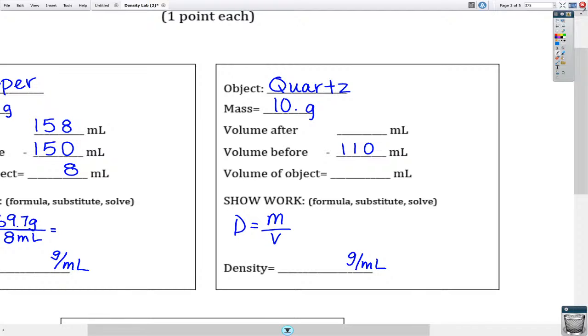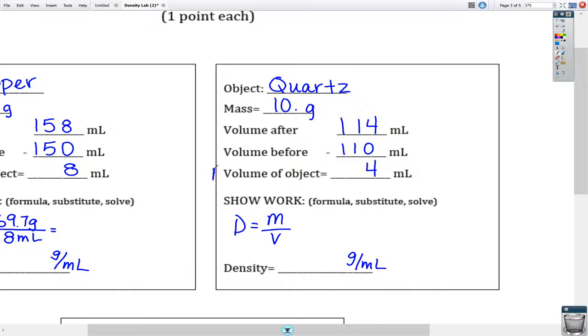Okay. So after, it's about 114 milliliters. Which means my volume is 4 milliliters.